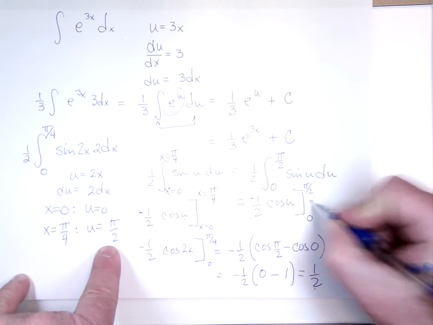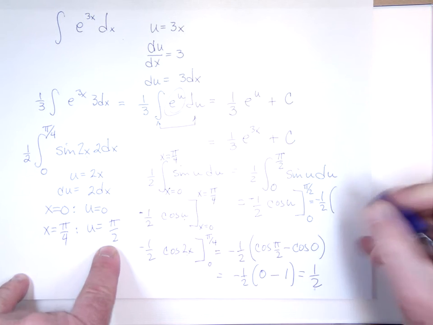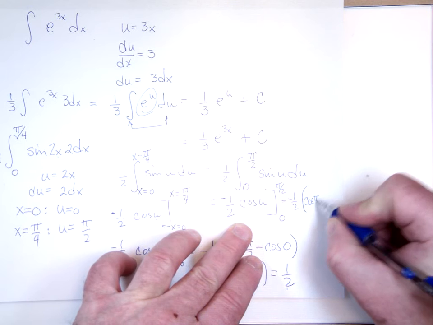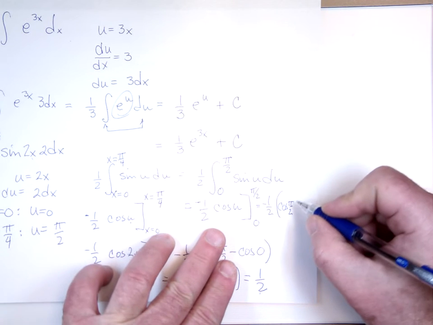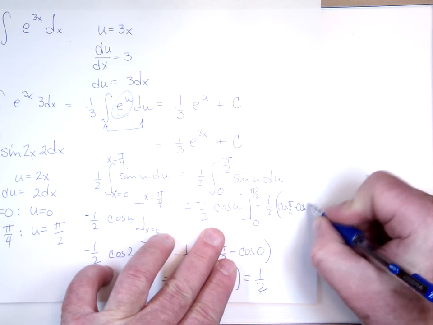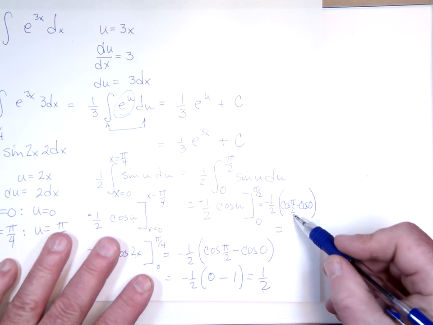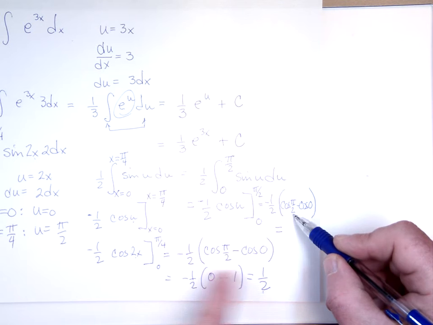Cosine of pi over 2, minus cosine of 0. What do you get here? What's the cosine of pi over 2? We just did it. It's the same exact thing. We get 1/2.